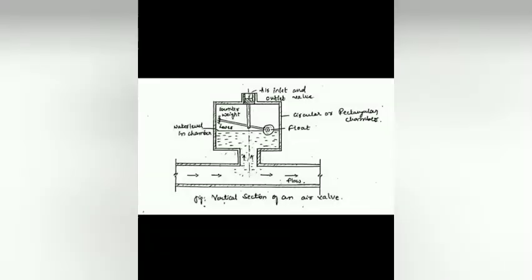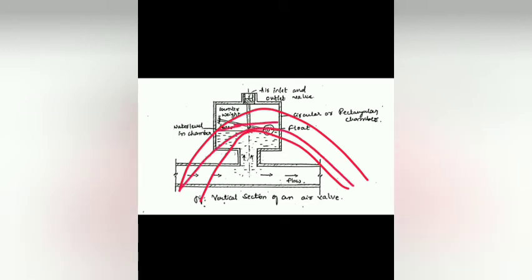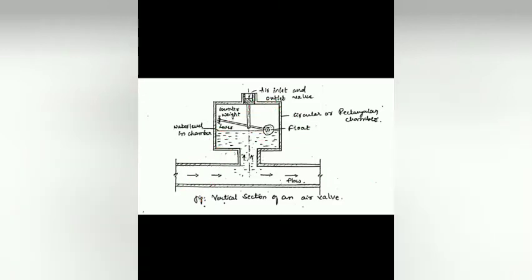As we said earlier, at summit points, when water flows like this, there is a chance of air accumulating at this point. If an air valve is provided here, it will take care of the extra air coming in. From the structure, we can understand that air present in the flowing water may obstruct the flow.